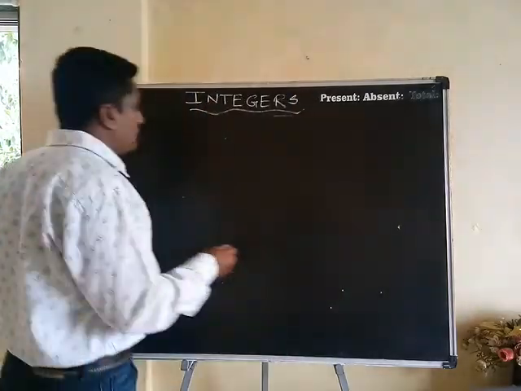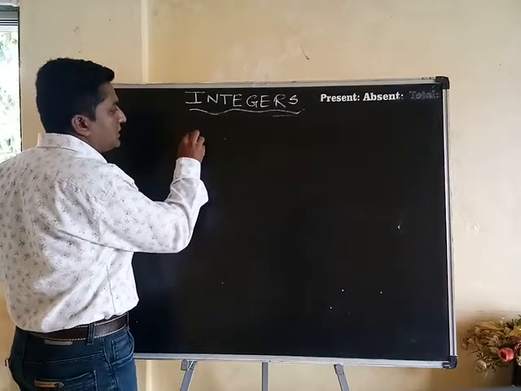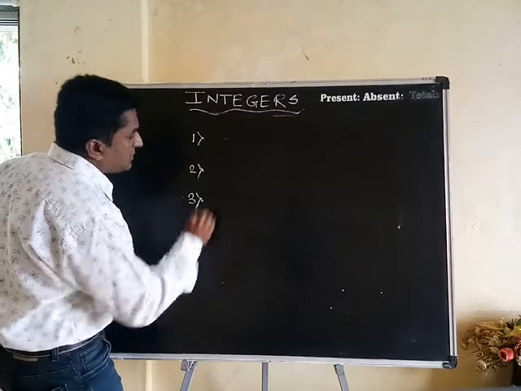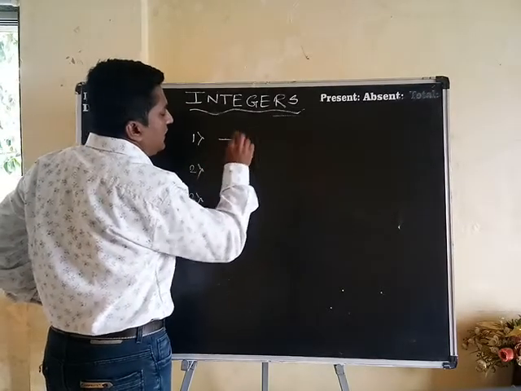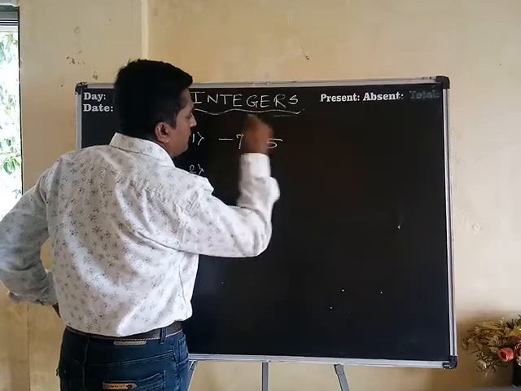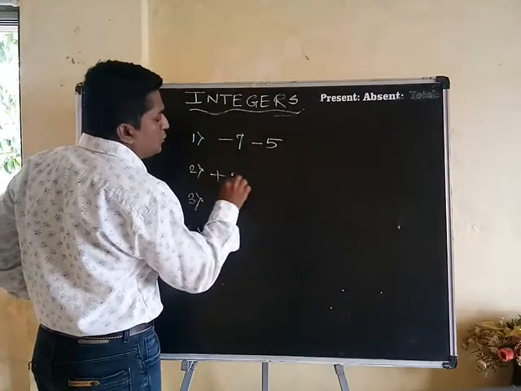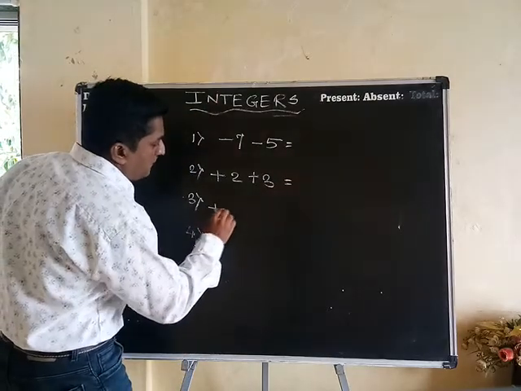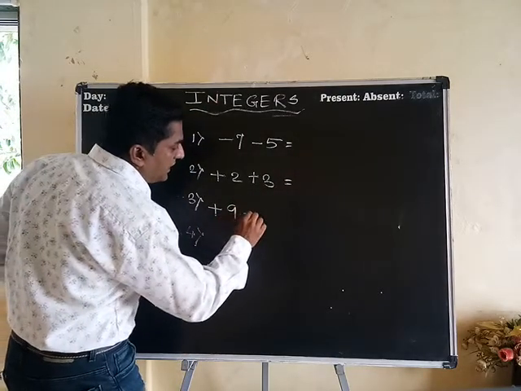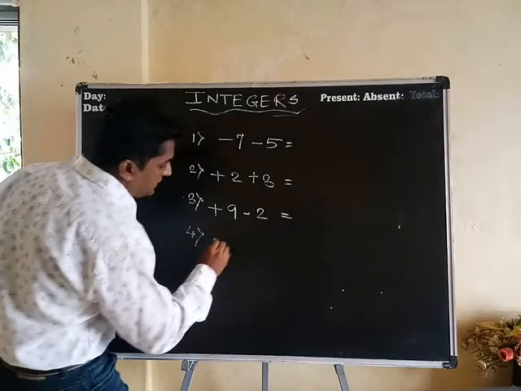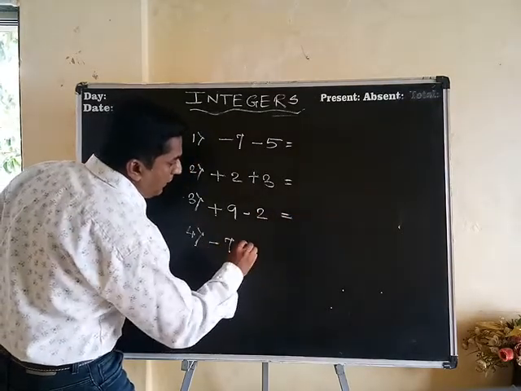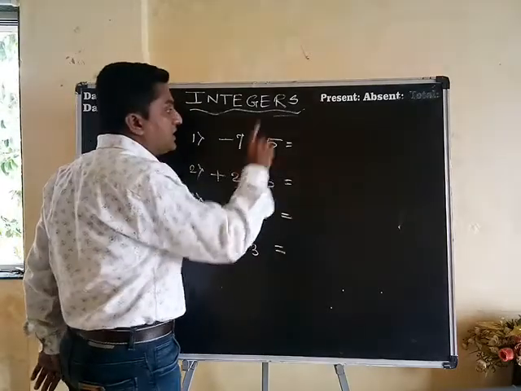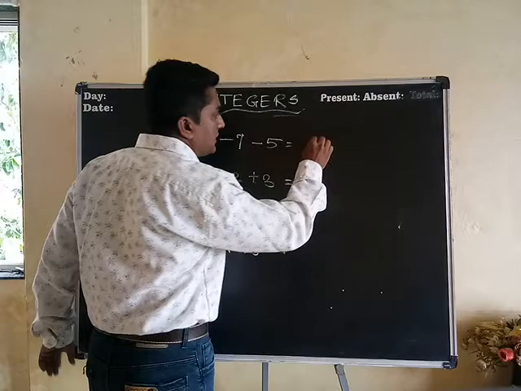So let us see what we saw last year. Let me give you sums number 1, 2, 3 and 4 to try here. Negative 7 plus negative 5, positive 2 plus positive 3, positive 9 plus negative 2, and negative 7 plus positive 3. Let us see the answers. Same signs are there, add them. 7 and 5, tell me the answer.